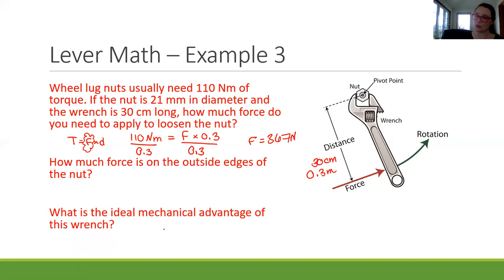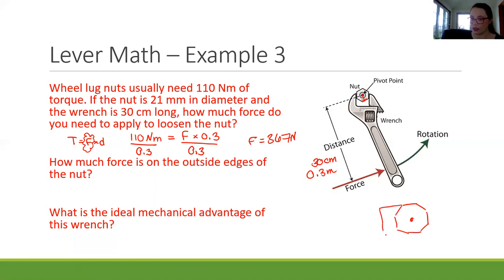Okay. How much force is on the outside edges of the nut? Well, this is really like having a lever. There's my pivot, and the resistance is the outside edge of the nut. Now, let's draw it. There's my pivot.